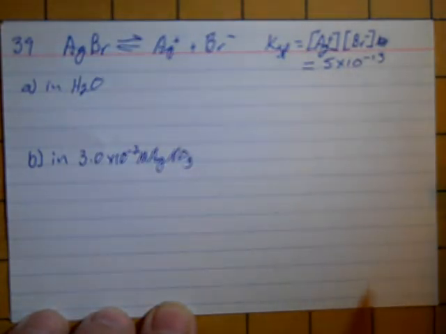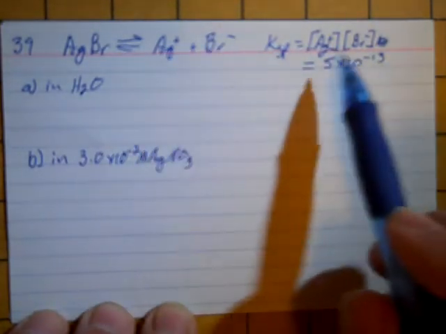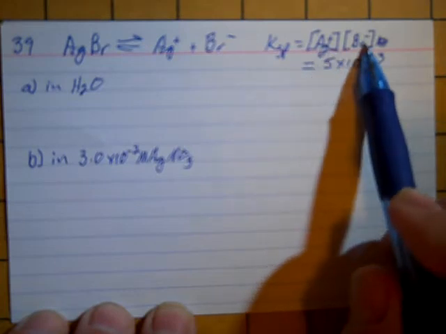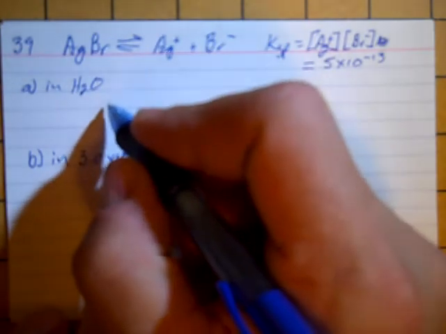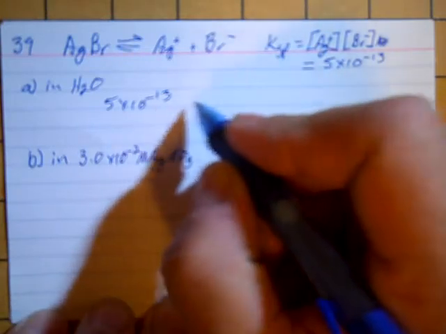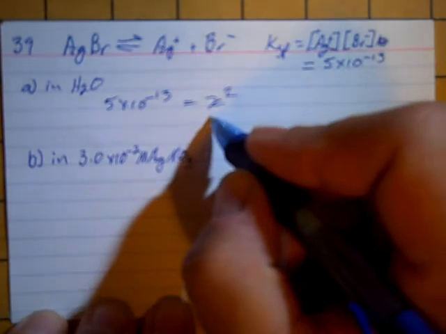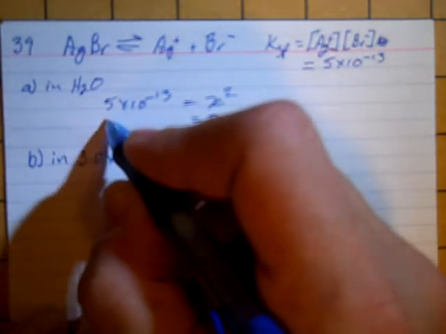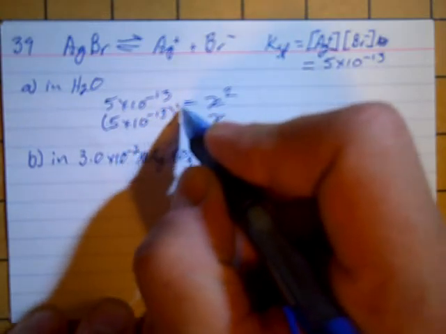So now we're finding the molar solubility. In part A, this is just another molar solubility problem. And we can tell that since these two must be the same, we can put x in place of each one. So 5 times 10 to the minus 13 is going to equal x squared, and x will equal the square root of 5 times 10 to the minus 13.